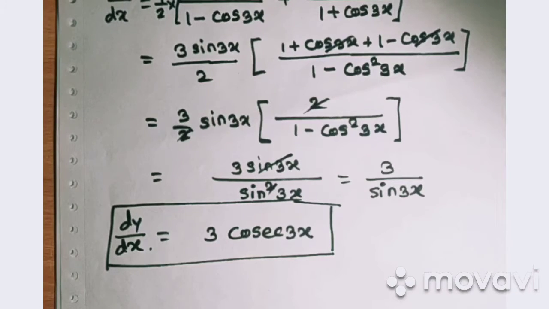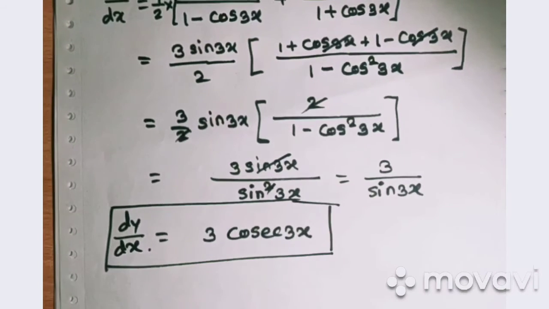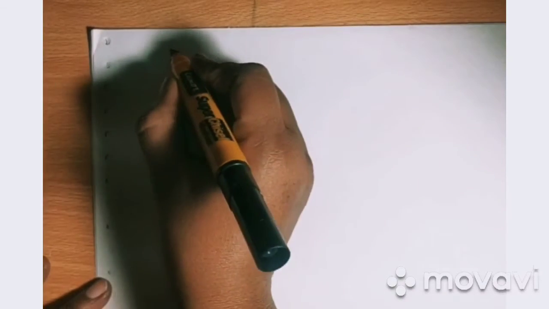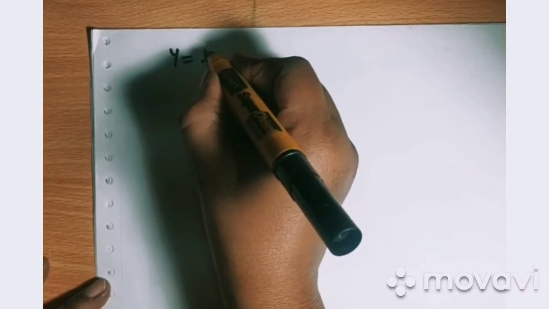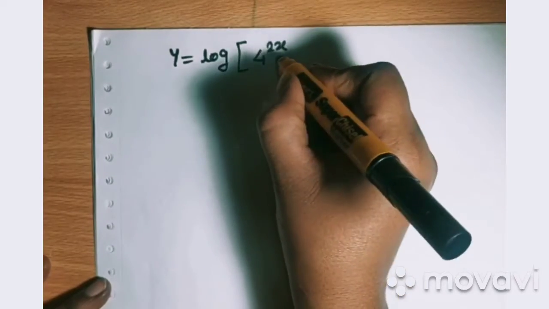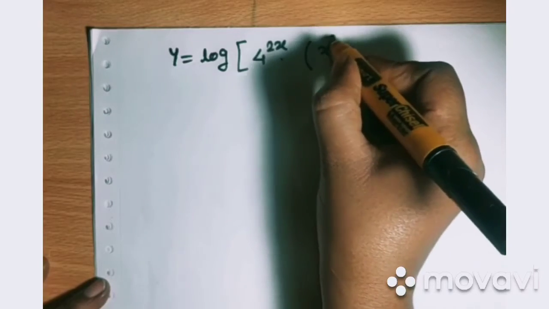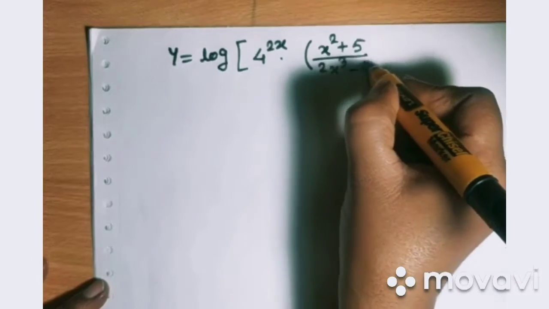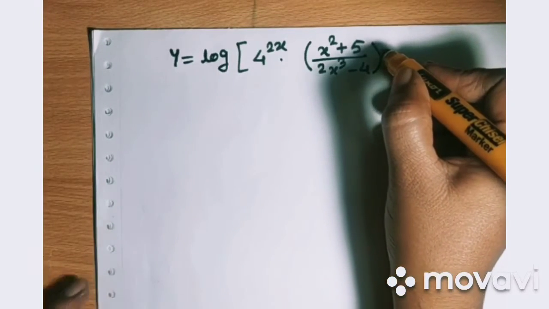Then I am going to the 16th example, that is y is equal to log of 4 to 2x into x square plus 5 divided by 2x cube minus 4, bracket raised to 3 by 2.